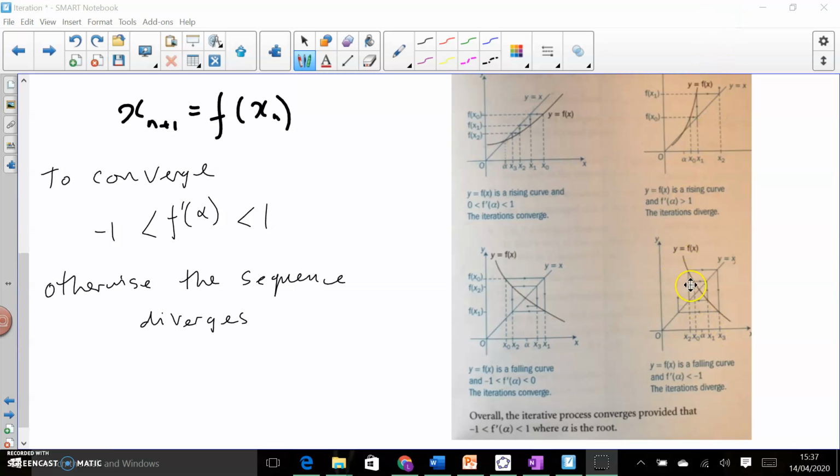Similarly, when you have a steep negative curve, so the gradient at the root is less than -1, x0, f of x0 will be down there, and then that will be the next one. f of x1 is x2, then the next one, and the next one, and this time you are diverging away from the root again.